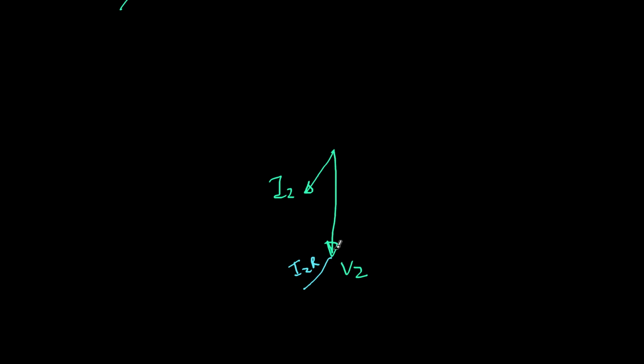This is the voltage drop in the resistance in the secondary, and I2X2. This is the voltage drop in the reactance in the secondary. So these sum together with V2 will give me E2.